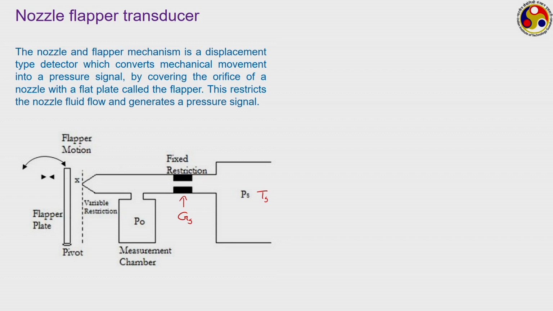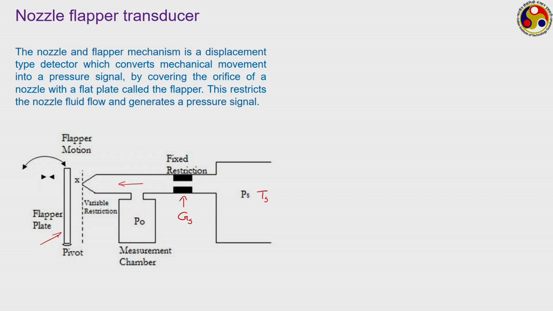How is the P naught changing? Because as the gas comes out of the fixed restriction, a part of that enters the measurement chamber and the rest of that starts flowing through this. There is another outlet at the other end of this particular channel, and there is another restriction, but this restriction is not a fixed one, this restriction is a variable one. Here we have a flapper plate. This is the flapper plate which is connected to the location where you want to measure the displacement.